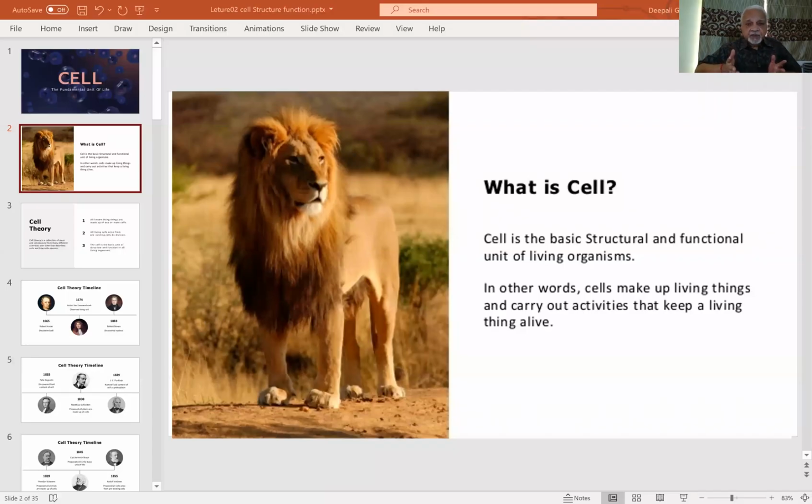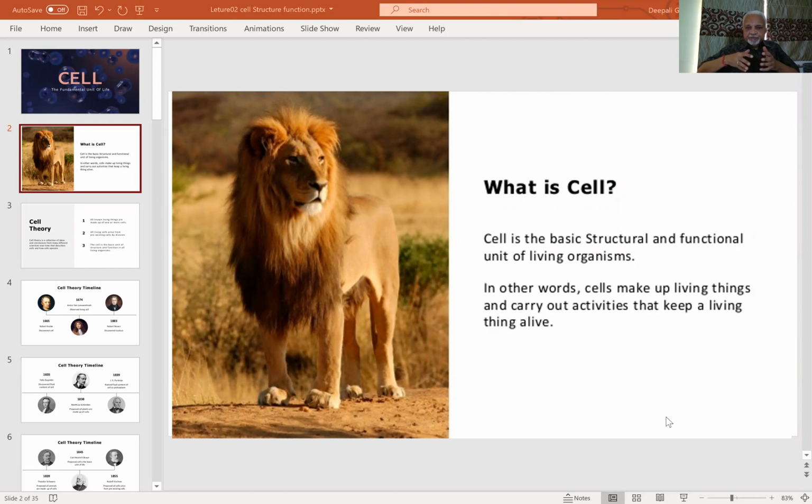As you know, there is a variety of living forms, some of which you can see, and others you cannot. You have living forms which are visible to you around, such as animals and plants, and then you have a large number of living forms which you cannot see.